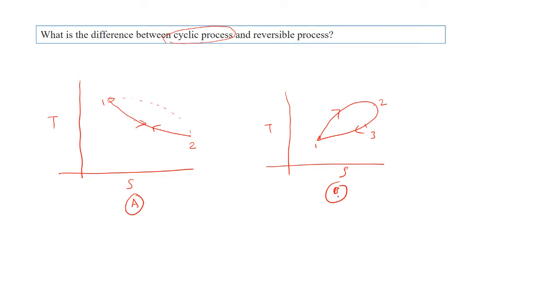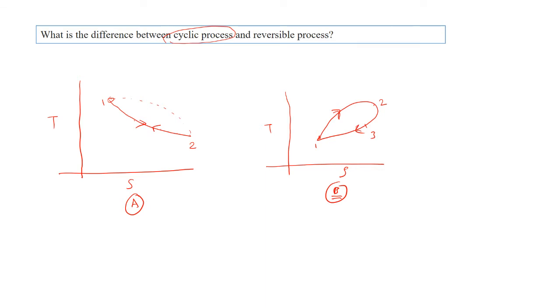Here in case B, we are actually coming back to the first state from where we started, and we are saying that since we came back to the original state, this is a cyclic process. Here we are not seeing whether we are going to have the same intermediate processes in the cycle as what we are doing while going away and while coming in.